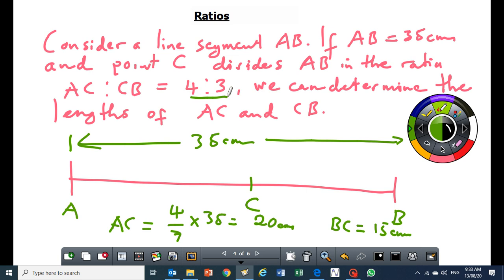That constant is such that if I multiply this 4 by it, I'll get the 20. If I multiply the 3 by it, I'll get the 15. And I'm sure you can guess what that constant is. But in most cases, in the questions that you are going to encounter, you won't be given a value for that constant.